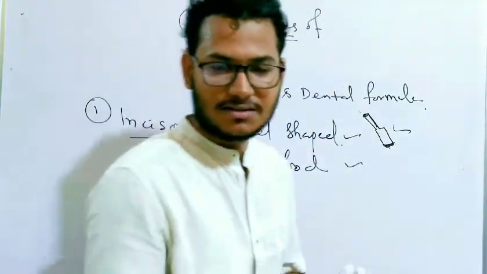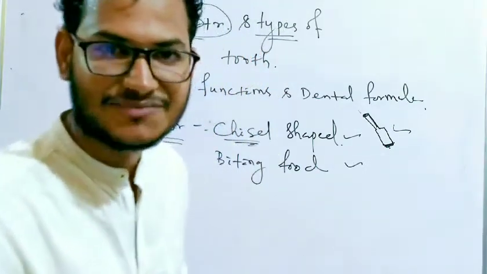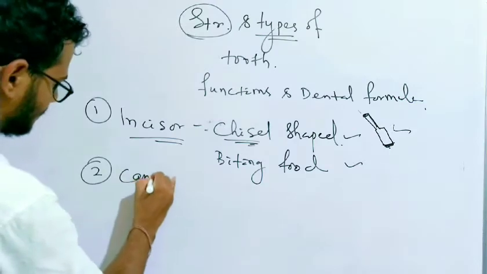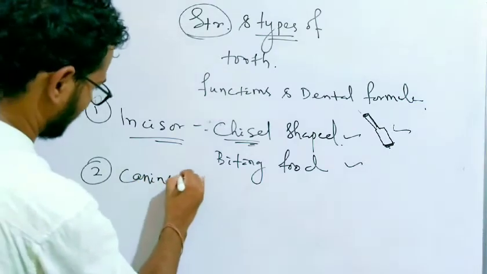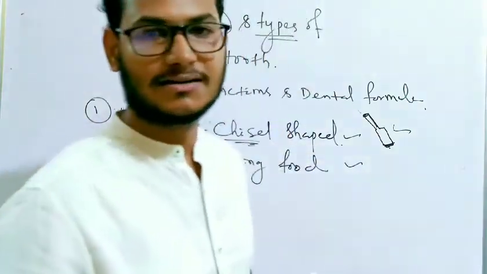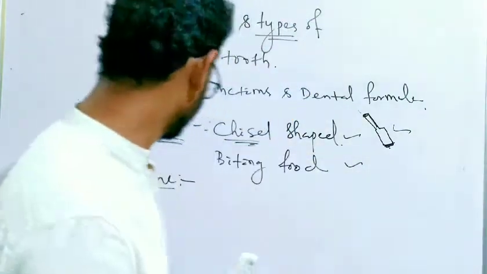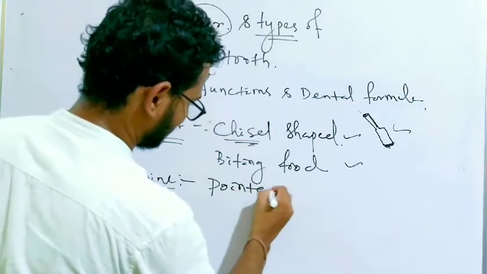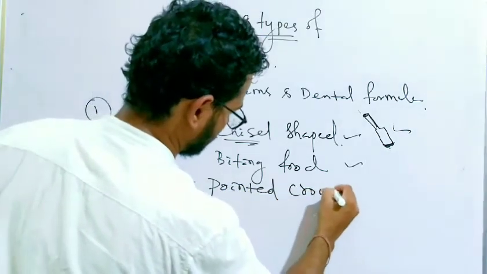Next we will go for the second type, that is the canine. Number 2 is the canine. So canines are pointed. They have pointed crowns.